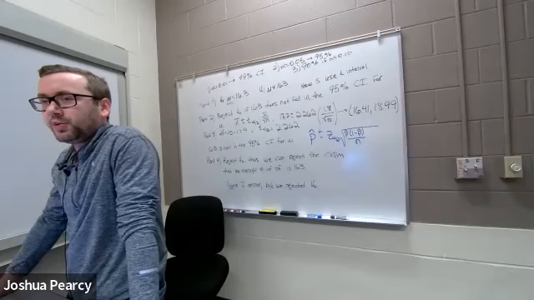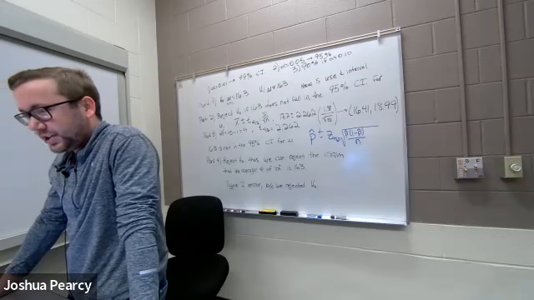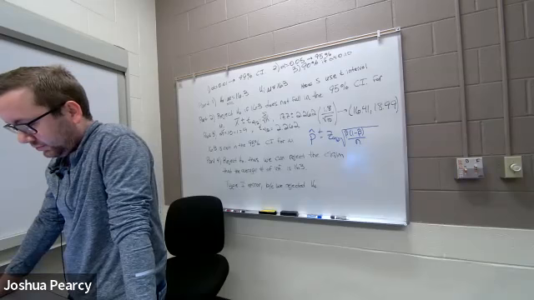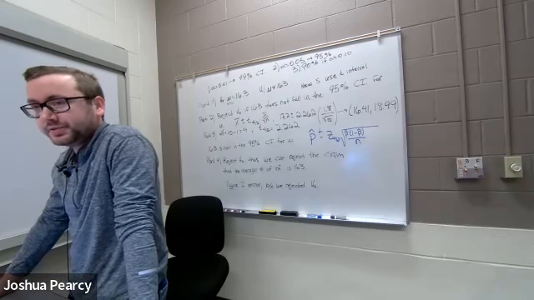Does anyone have part one? What is the null? Yeah, P equals 0.17. What is the alternative?